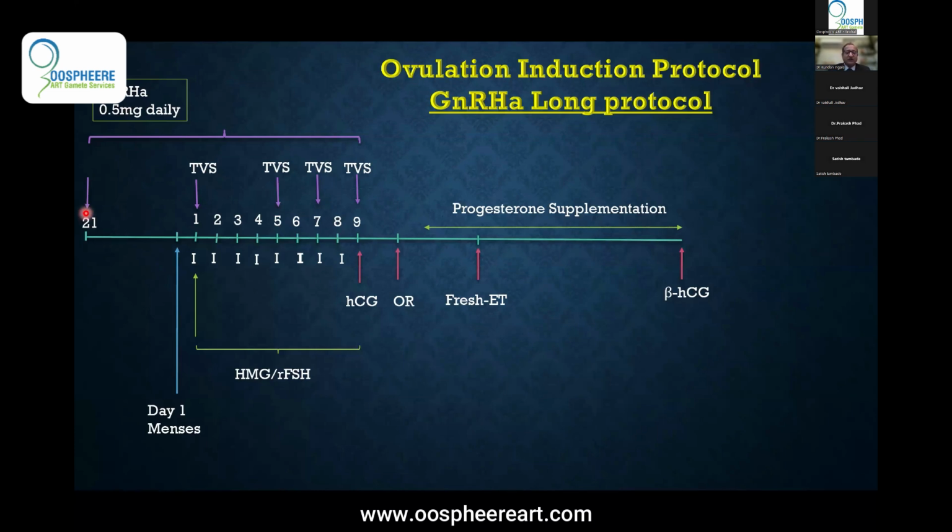During the down regulation lecture, on day 21 of the cycle, we will ask a patient to take leuprolide acetate 0.5 milligram daily, which in an insulin syringe equals 20 units, and daily she will take it in the morning between 7 to 9 a.m. Give it for 10 to 11 days, and you do expect at the end of 30 or 31 days of her period, she will get her next menses.